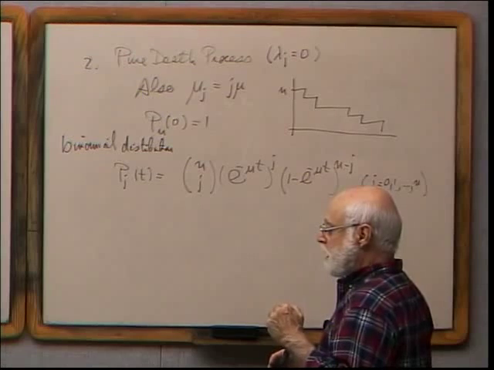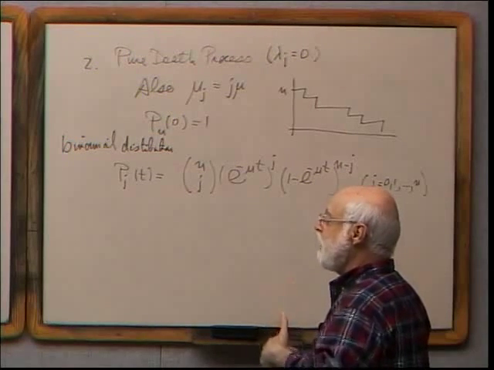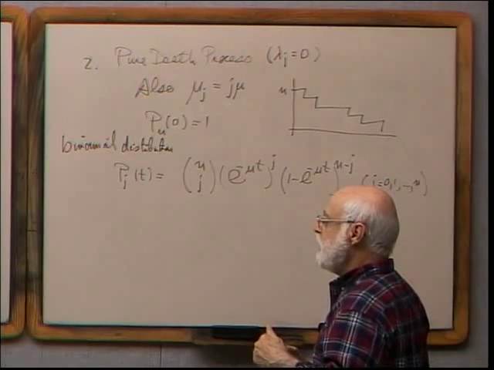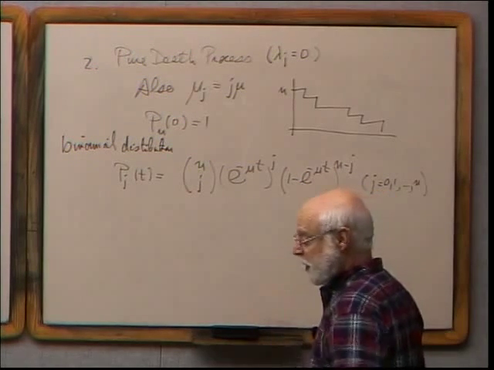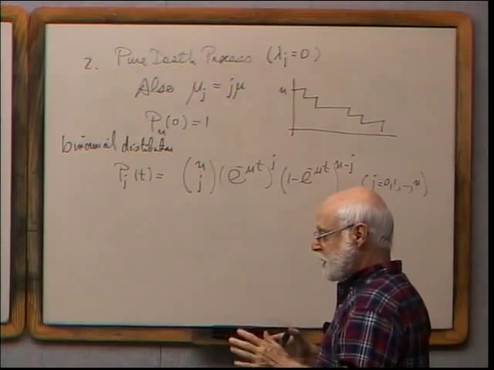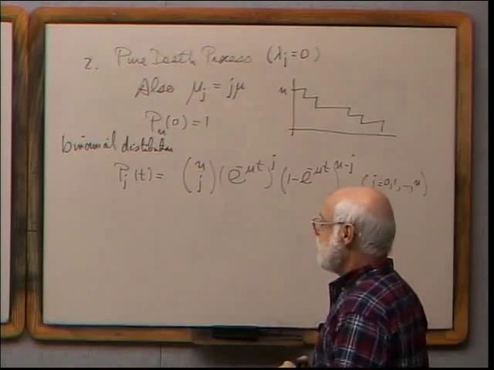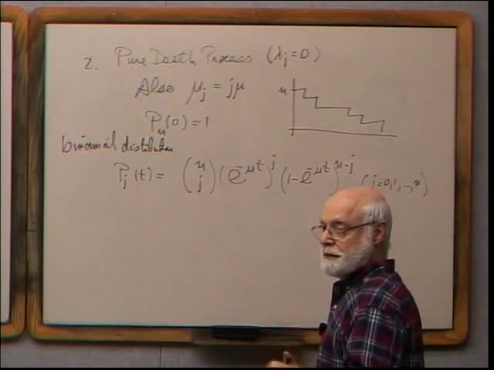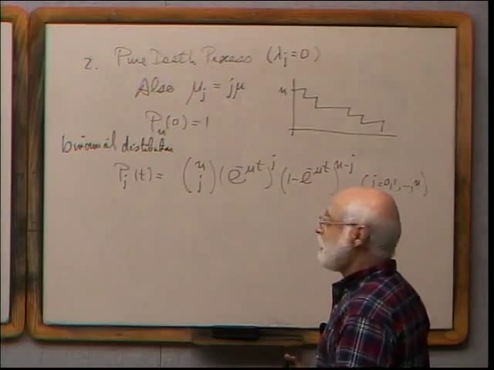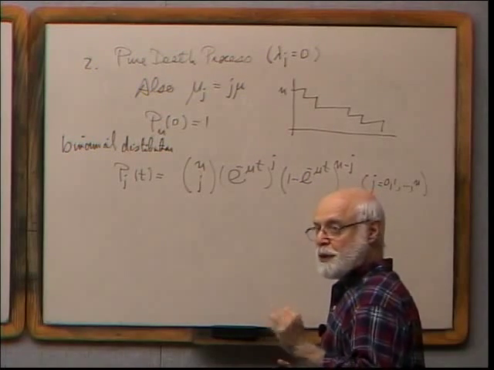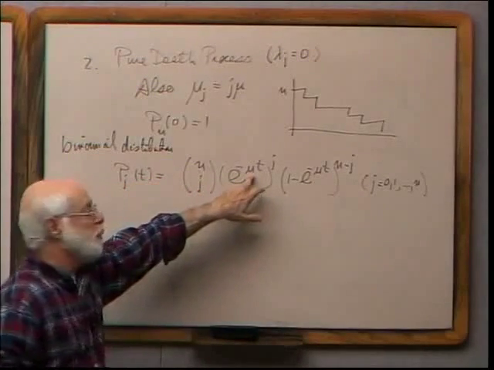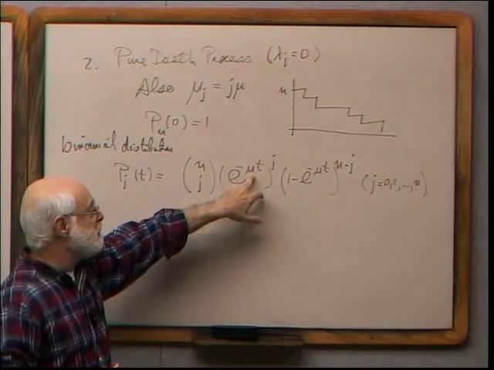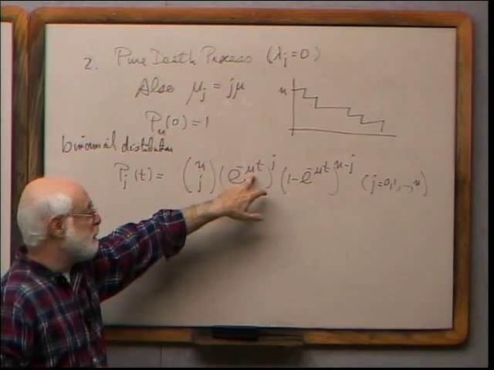and the expected value of the lifetime of a member of the population, let me put it this way. Each member of the population dies independently of each other member of the population, and the lifetime of each member of the population is exponentially distributed with parameter mu, which would mean that the average lifetime of each member of this population would be 1 over mu.